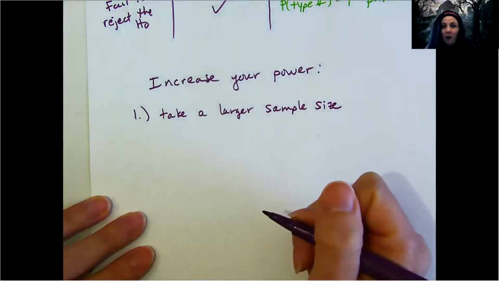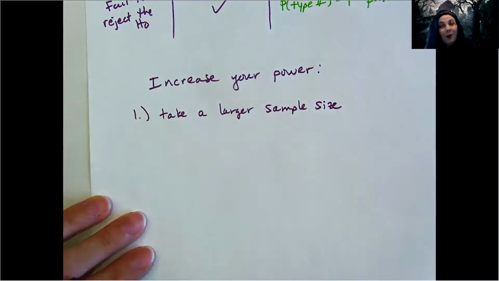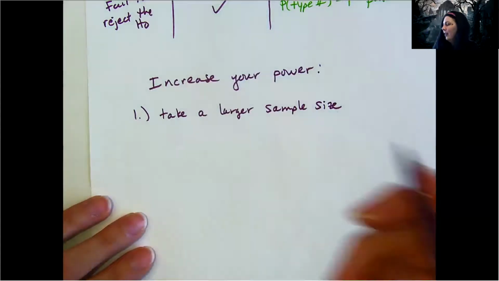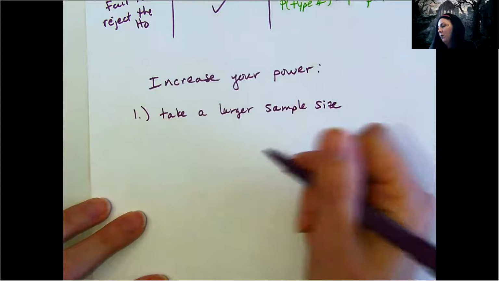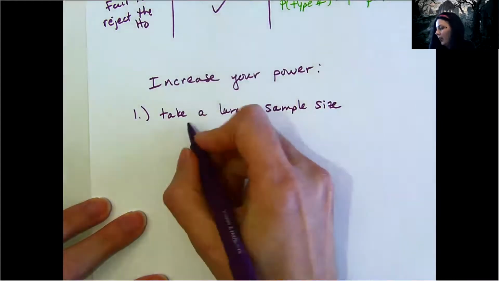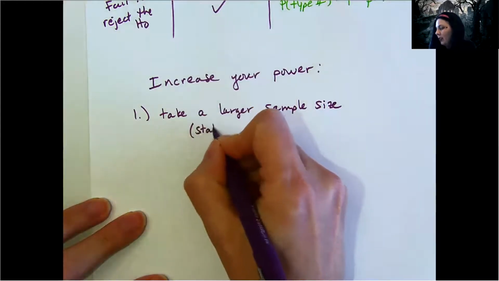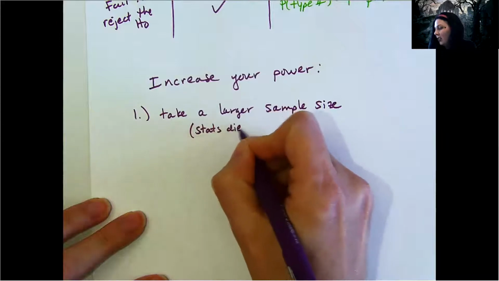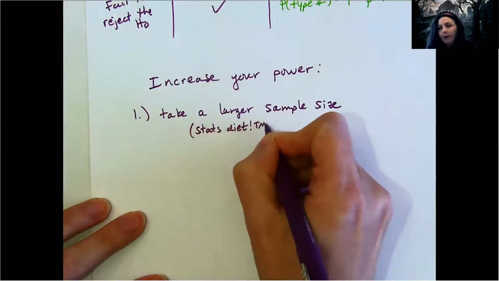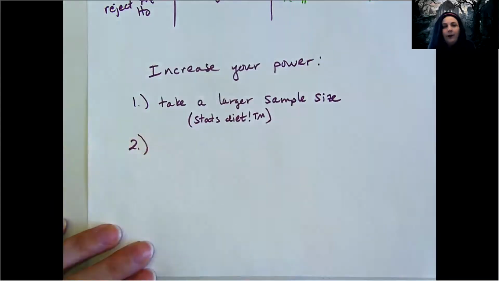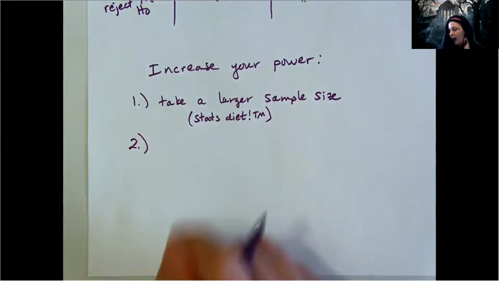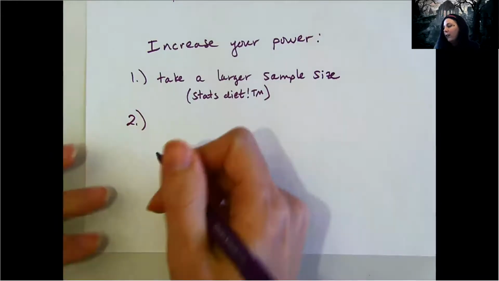Just get out there and sample more, because we all know what happens when you sample more. The skinnier you get. That means less variability. Less variability means more consistent data, and everything falls into place. So larger sample size, and I'm going to put in parentheses, this all relates back to Stats Diet, trademark, get skinny people.